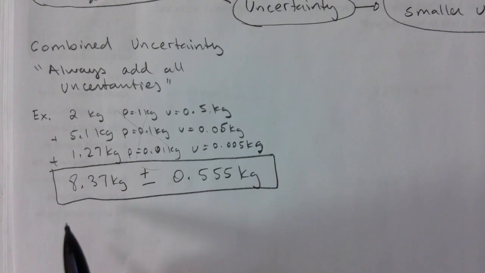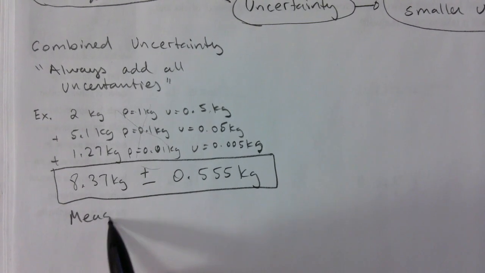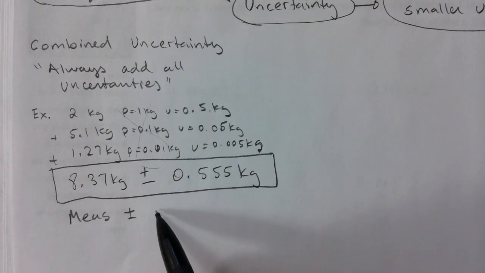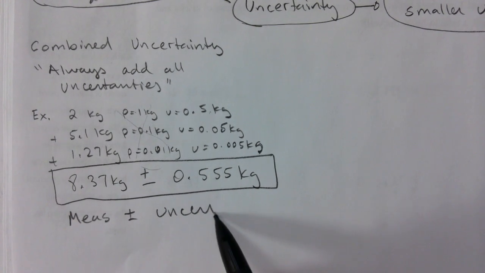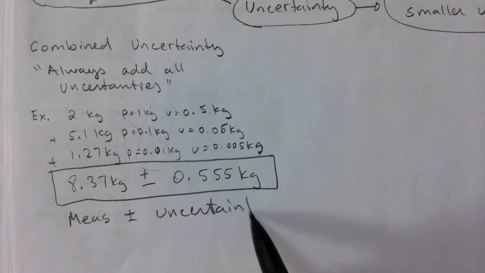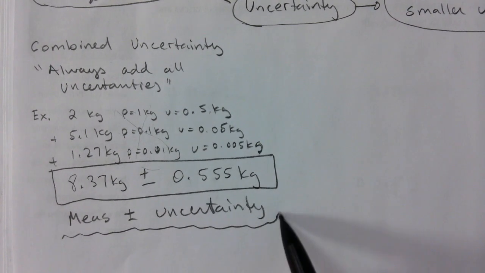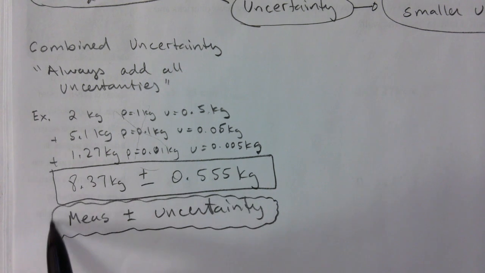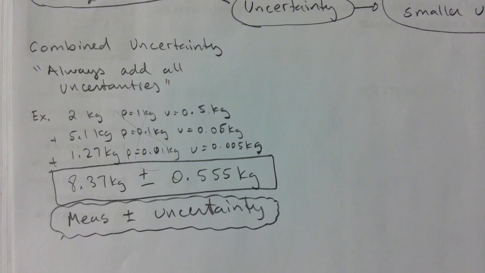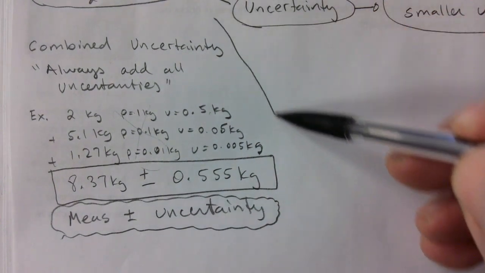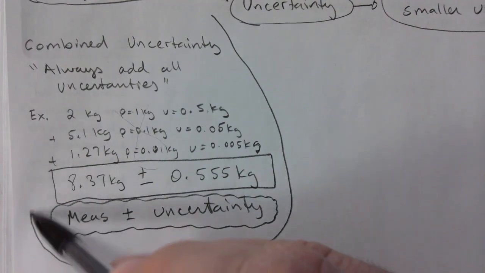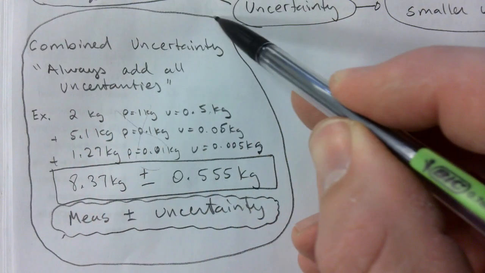And what this is saying, it's giving you the measurement plus or minus uncertainty. That is combined uncertainty, right? So if you want to, I will close this whole thing and put this all in one bag here.